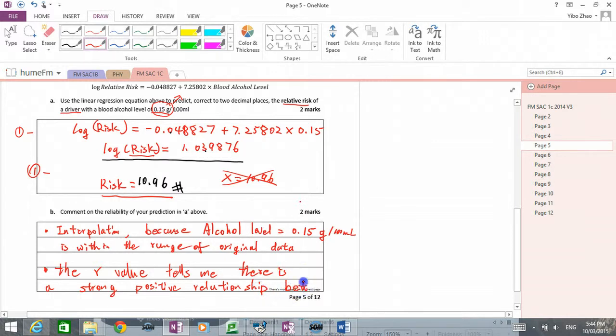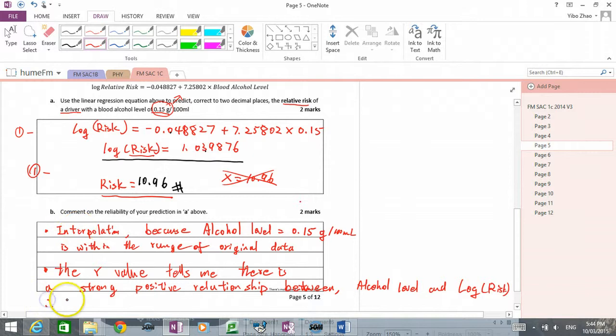between my x and y value, but in this case, between alcohol level and log of risk. Don't write down risk. If you write down risk, you're wrong, because in this case, my y value is log risk.